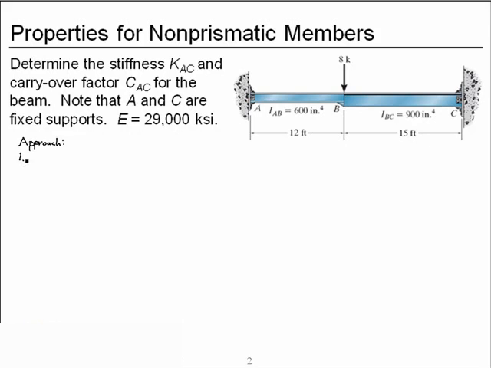We'll start by approximating the answer. In this case, part of the answer will bound, part of it will approximate. Then we need to represent the beam in such a way that we can calculate the stiffness and the carryover factor.